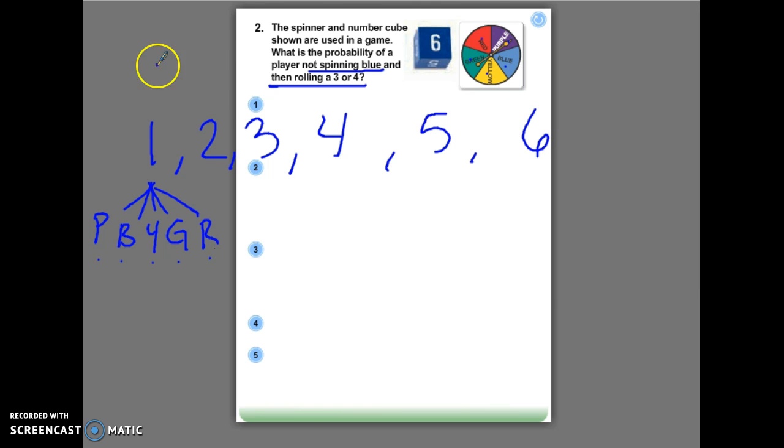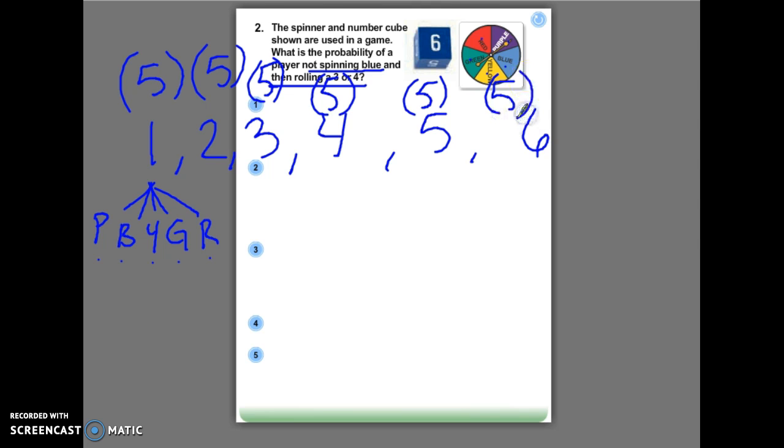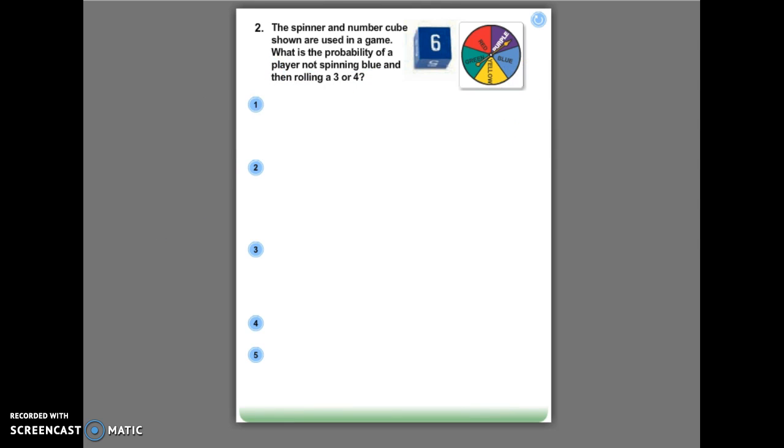So I have 5 options when I roll a 1, 5 options when I roll a 2, 5 options when I roll a 3, and so on. If I took 5 times 6, I could see that my total possible outcomes would be 30.